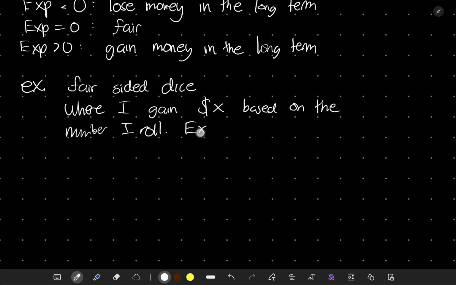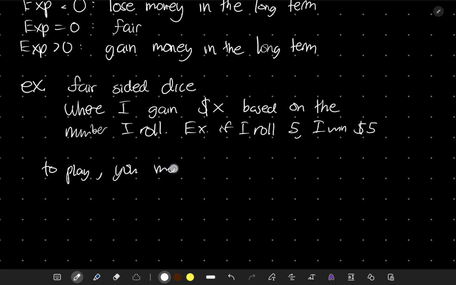So as an example, if I roll a 5, I win $5. However, to play, you must pay $3.